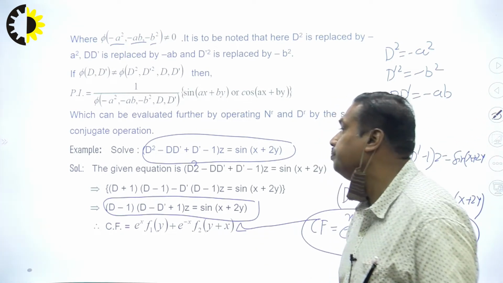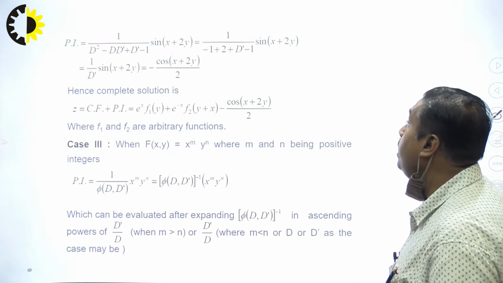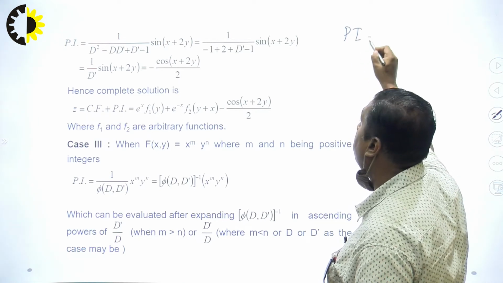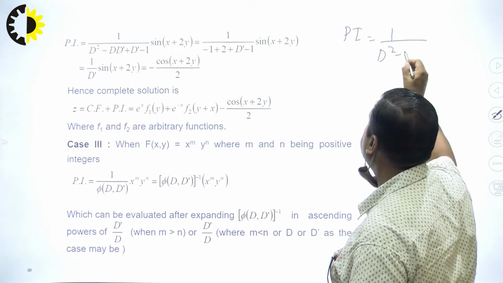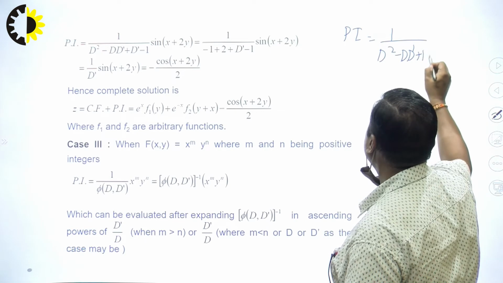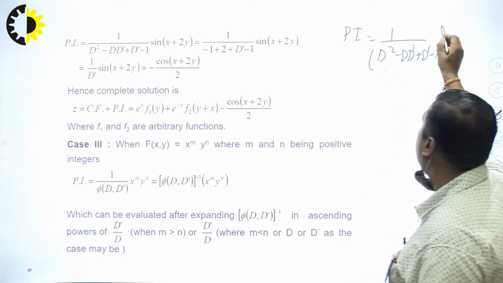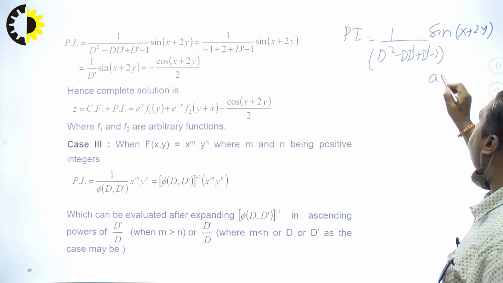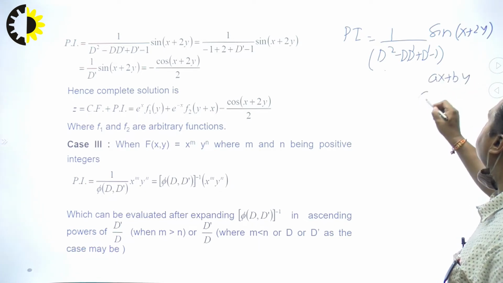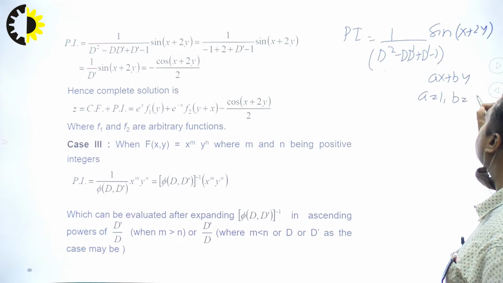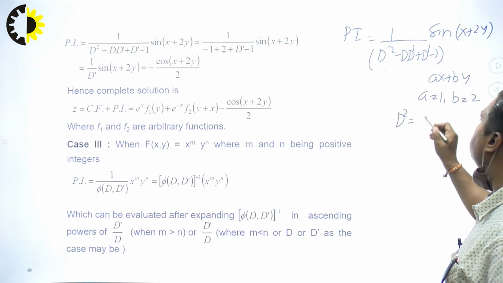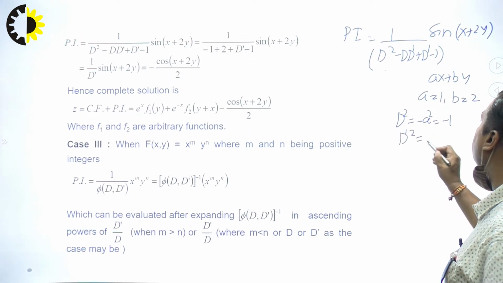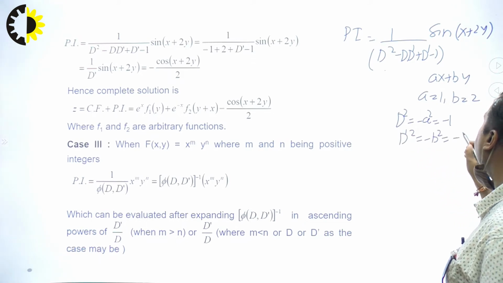of this equation. Now we have to calculate PI. PI is taken as 1 upon (D² - DD' + D' - 1) into sin(x + 2y). Here comparing this with ax + by, a is taken as 1, b is taken as 2, and D² is replaced by minus a², that means minus 1, and D'² is equal to minus b², equal to minus 4.